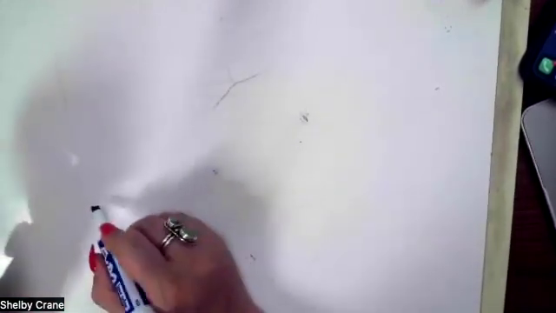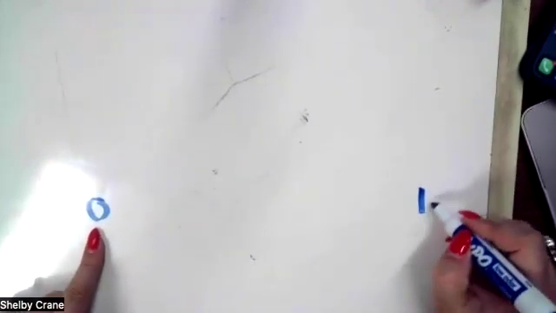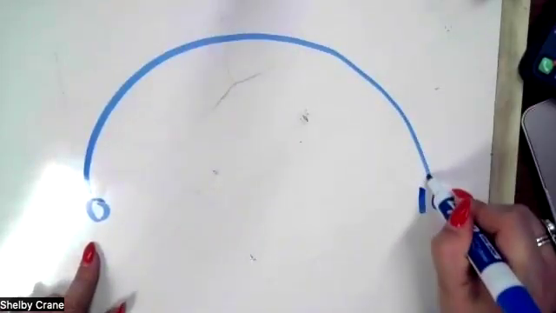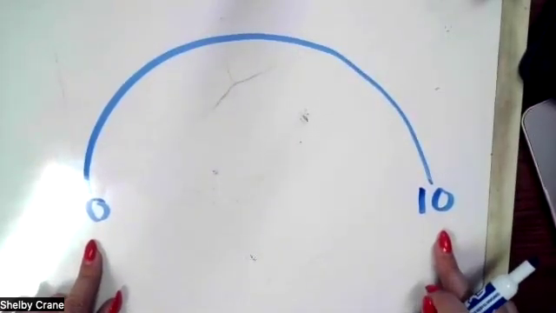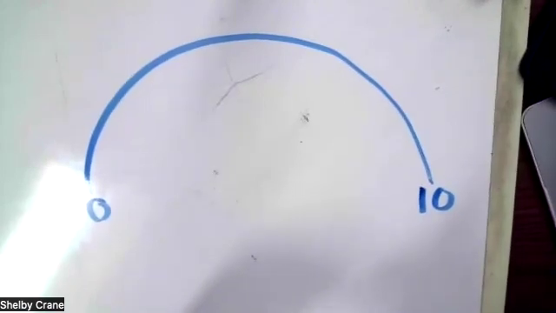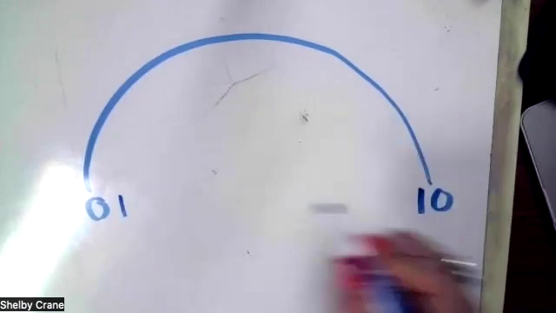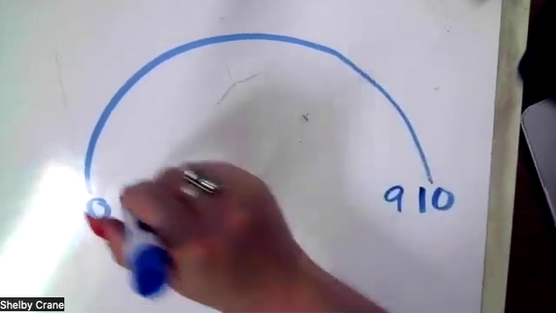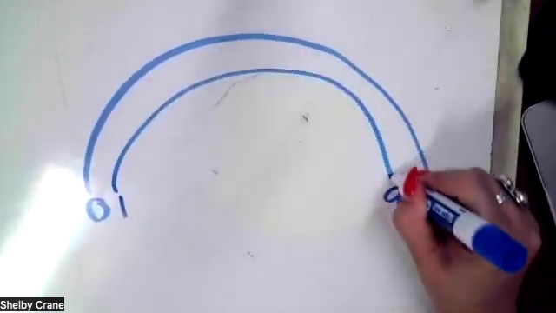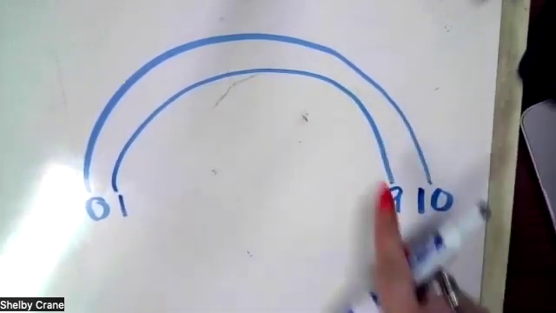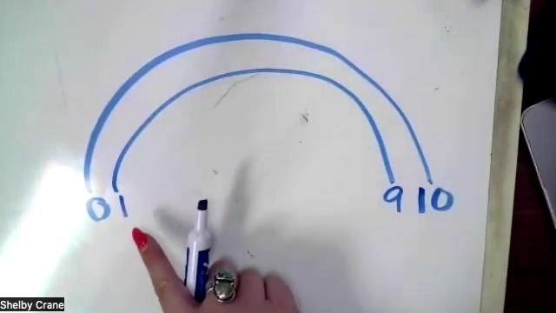So we know that the outside of the rainbow starts with 0 and 10. And we know that 10 plus 0 and 0 plus 10, they are friends. Okay, and then we go to 1 and 9. And we know that they're friends, 1 plus 9 or 9 plus 1.